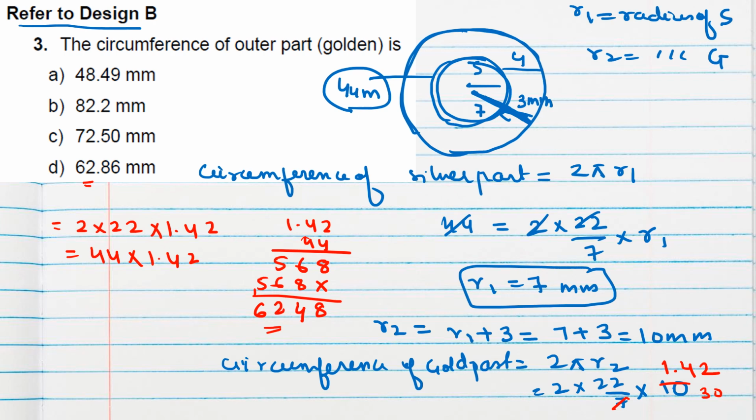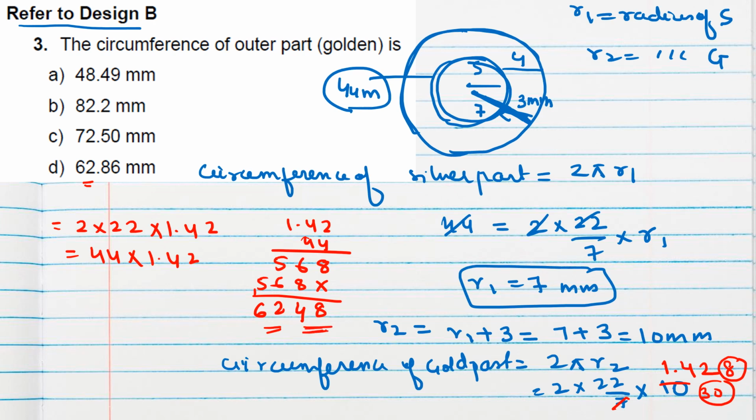So somewhere I have made a mistake here, maybe. Let me check that. See, actually here if we take a 3-digit number, 8 will come. Then if we write these, it will come as 1.43. So 1.43 into 44, if we do, we will get 62 point something, 48 won't come.